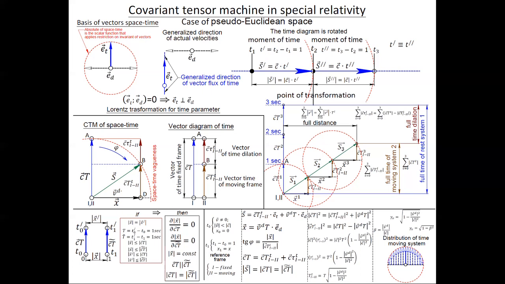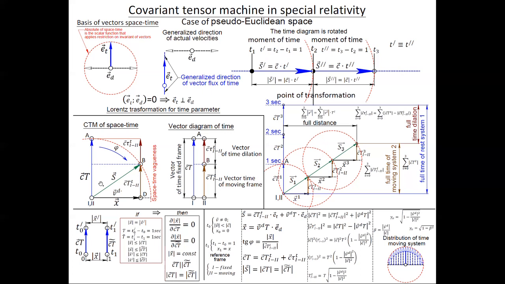One more thing: in this place I don't know the scalar function of connection between actual velocity or actual distance and time distance. It's well known that actual velocity is an opportunity, and the time distance vector always exists in its proper frame.